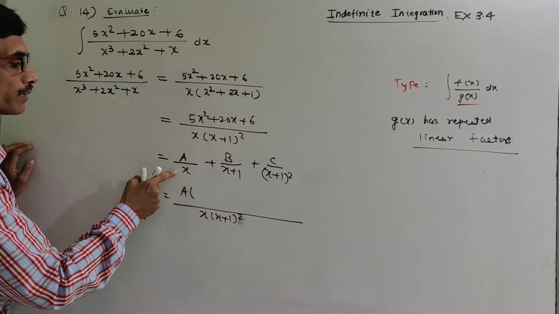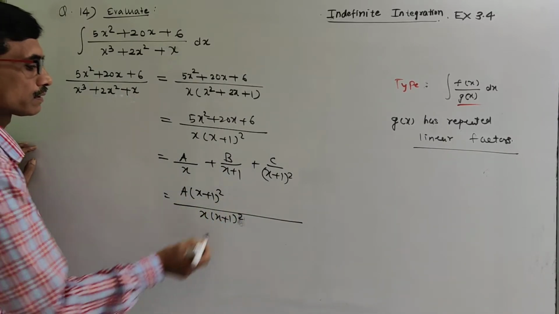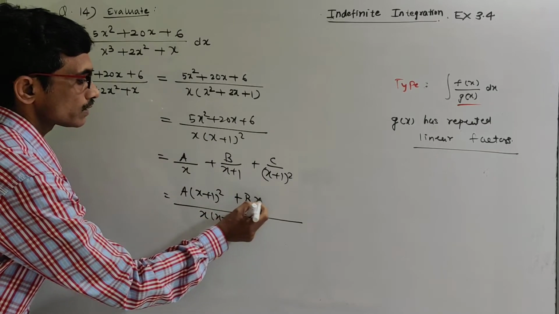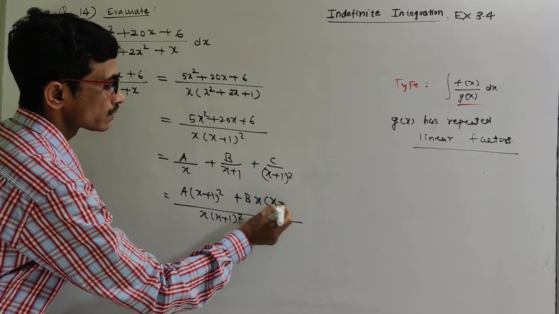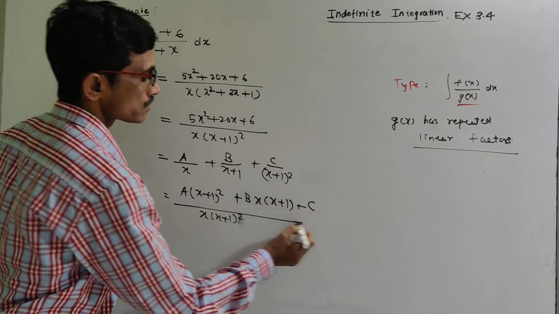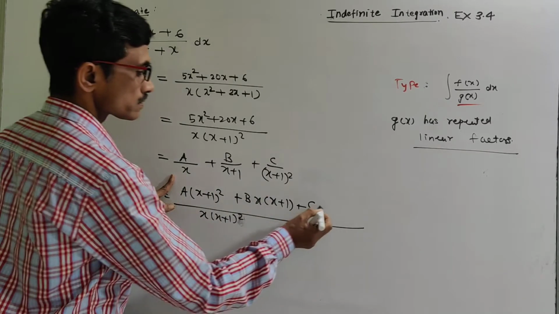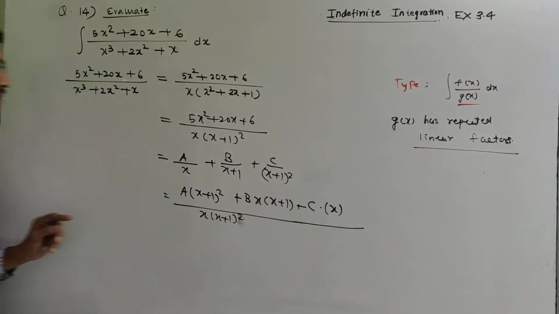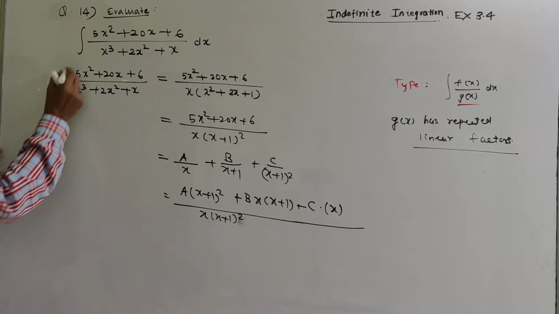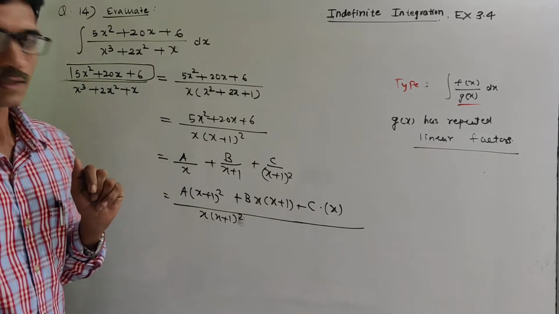A into, यहाँ पे x ऑलरेडी है, (x + 1) square, then plus B into एक x और एक (x + 1), plus C into (x + 1) square already है, so x is left here, so write x. Numerator of the left hand side is 5x square + 20x + 6.